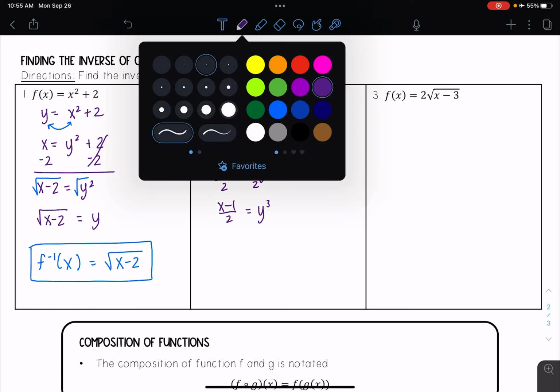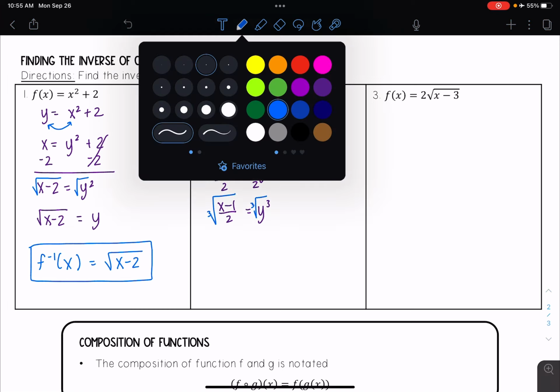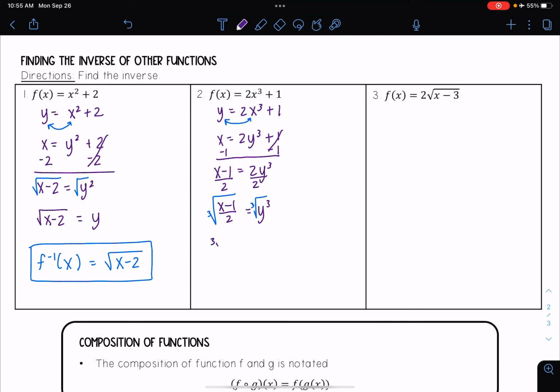And now to get rid of that cube, remember I need to do the inverse function, which is taking the cube root of both sides. And so I get that the cube root of x minus 1 over 2 is equal to y. So that means that f inverse of x is equal to the cube root of x minus 1 over 2.